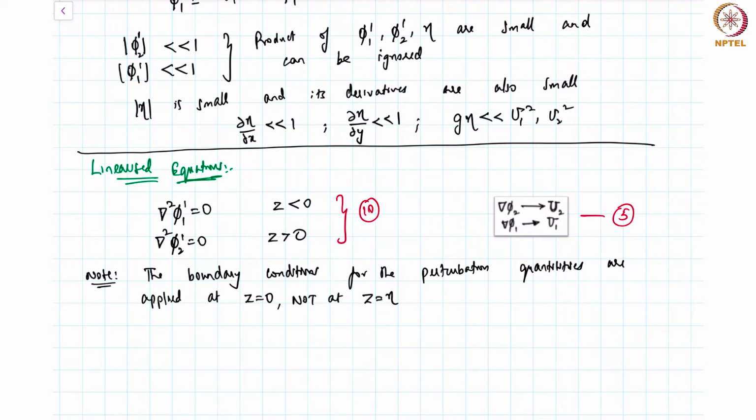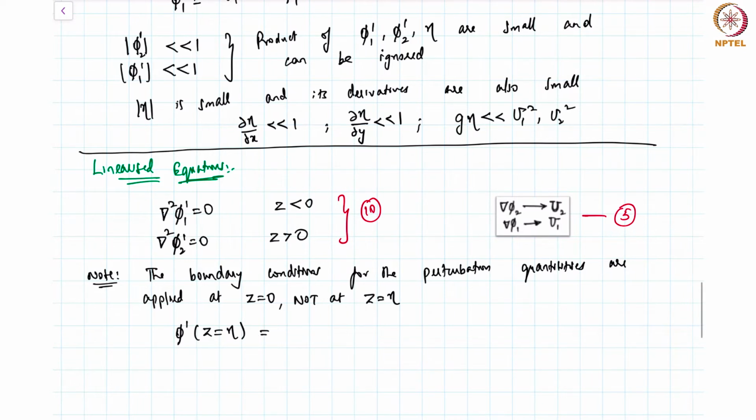The reason for this is, if you calculate the perturbation quantity, let's say phi prime, it could be either phi 1 or phi 2. If you look at the value at z equal to eta, you can do a Taylor series expansion of z is equal to 0 plus eta times del phi by del z at z is equal to 0 and so on.